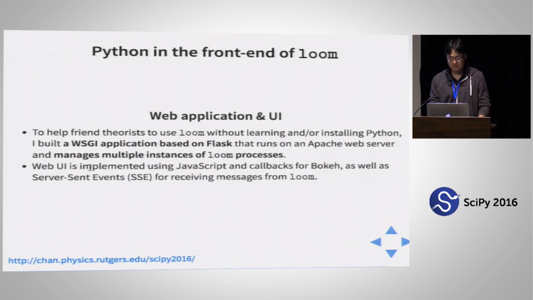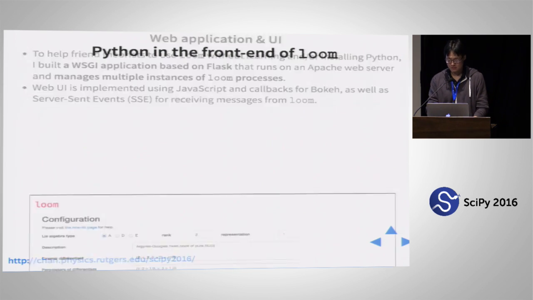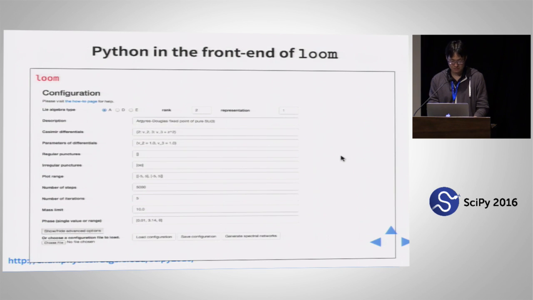The web user interface itself is implemented using JavaScript and callbacks for Bokeh, which themselves are JavaScript, and also using server-sent events for receiving messages from Loom and sending them to the client web browser. So here is again another look at the front end of Loom, which is implemented using plain HTML, Flask, JavaScript, and so on.